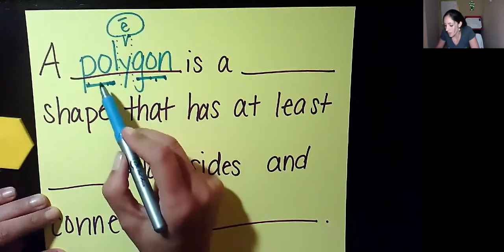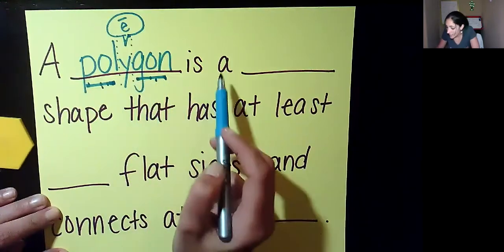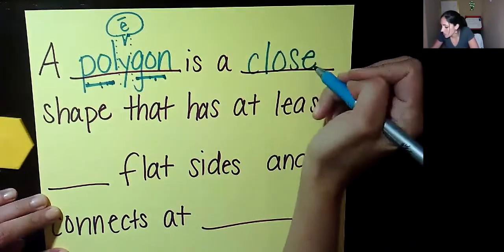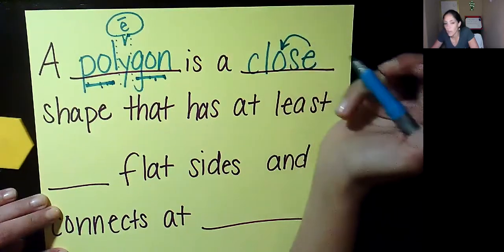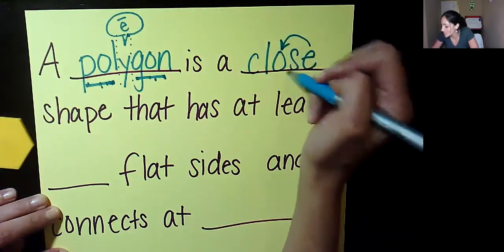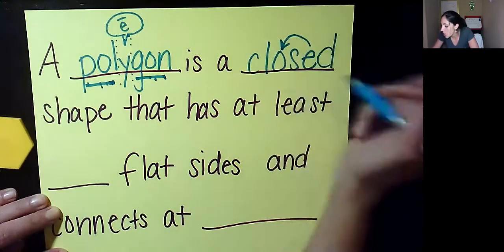Polygon, say it with me. Polygon. A polygon is a silent magic E reaches over, makes the O say its name. Close, and I'm going to finish with a D, closed.